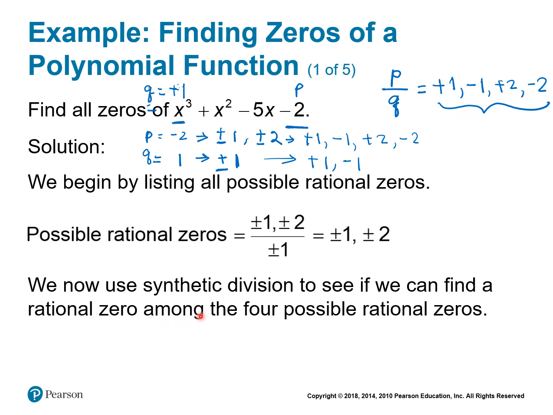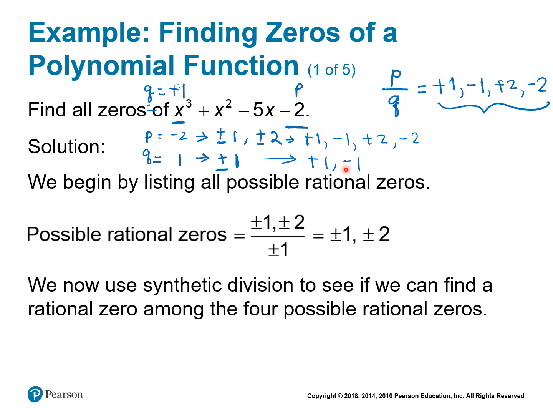Now, remember what the theorem says that we learned before: when we perform the synthetic division, and if we get a remainder of 0, then that C, which we use to perform the synthetic division, will be a zero of the function.